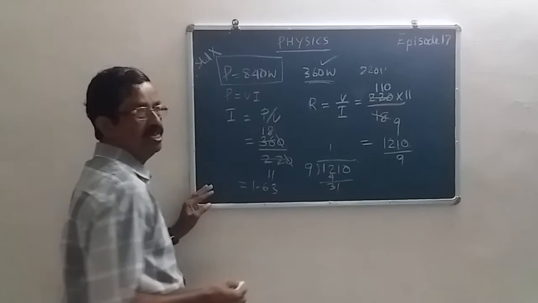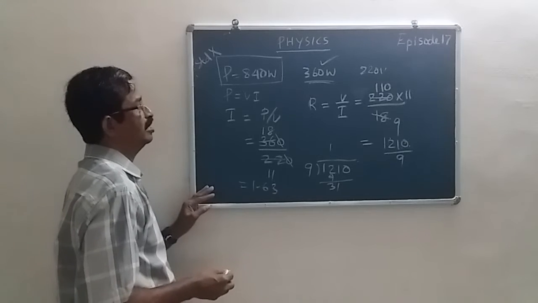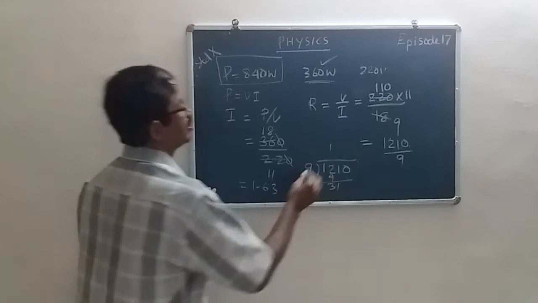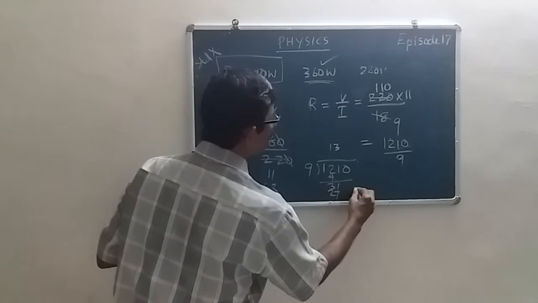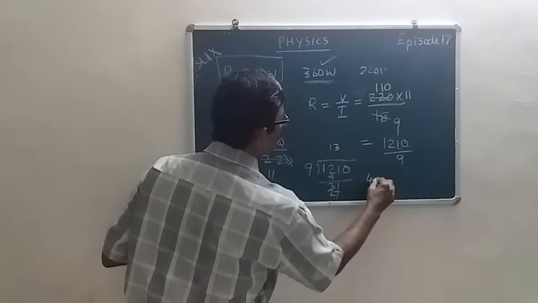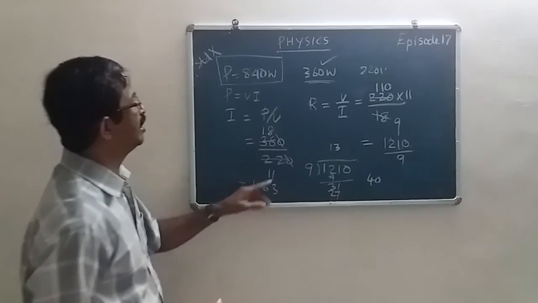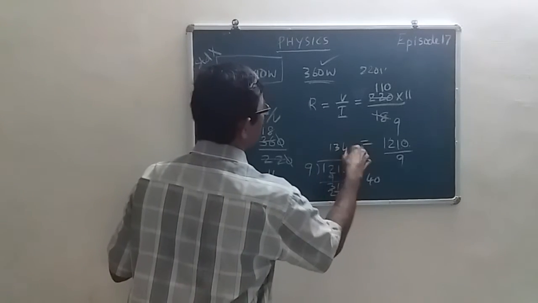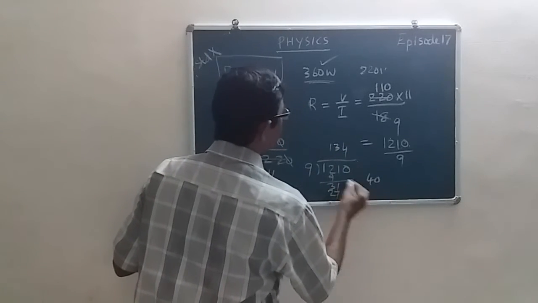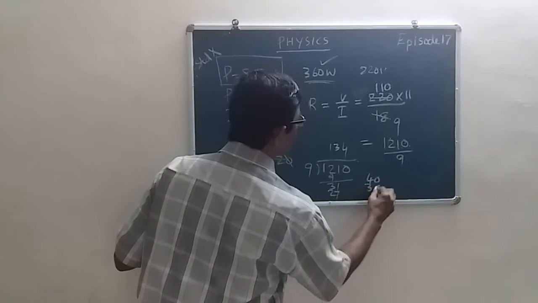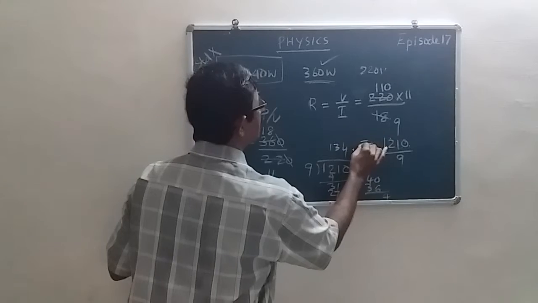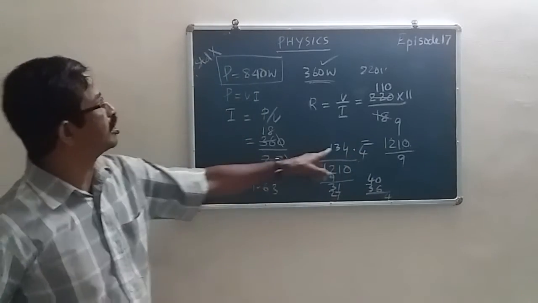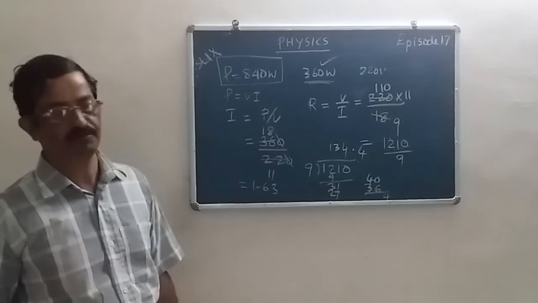How many times? 3 times 9, 27. Balance 4 and 0, 14. How many times 9? 4 times. That means 4 times 9, 36. 4. Again 4. So its answer is 134.4 ohm.